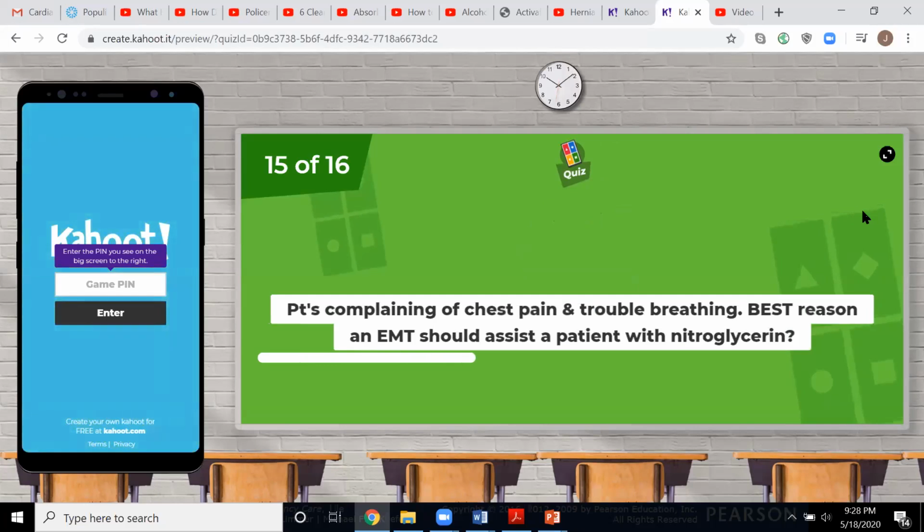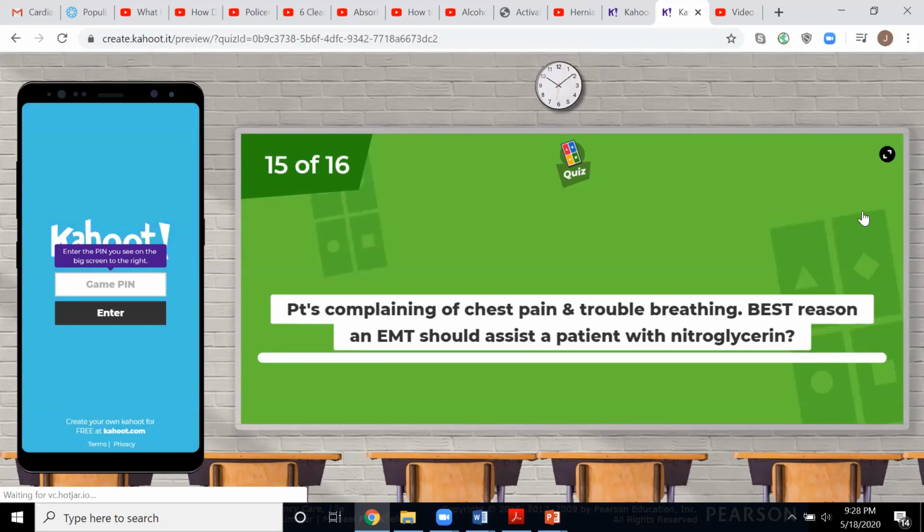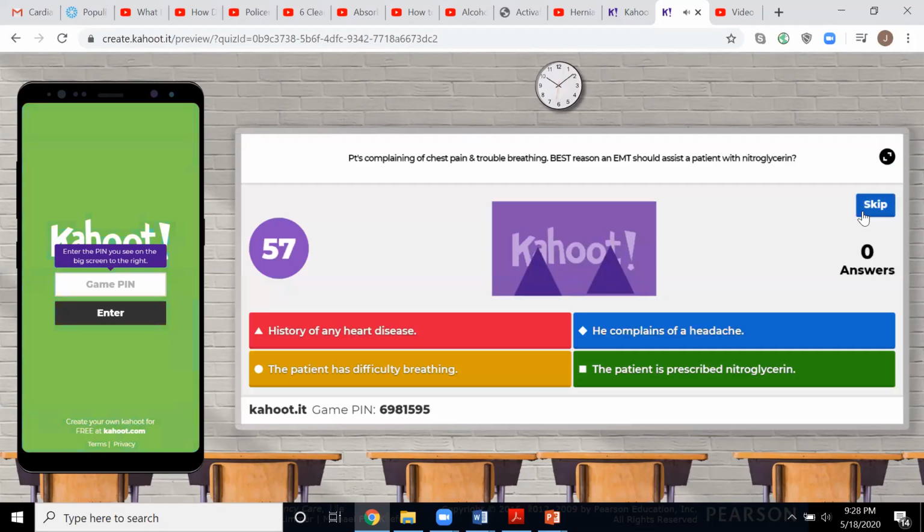Patients complaining of chest pain and trouble breathing. Best reason an EMT should assist a patient with nitroglycerin.